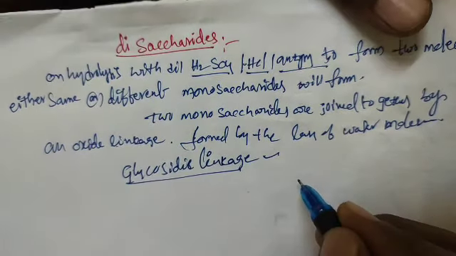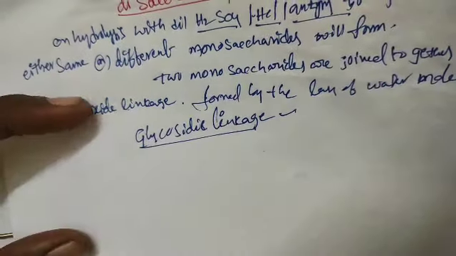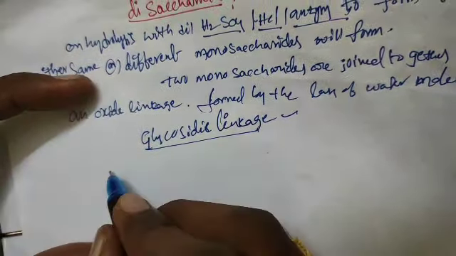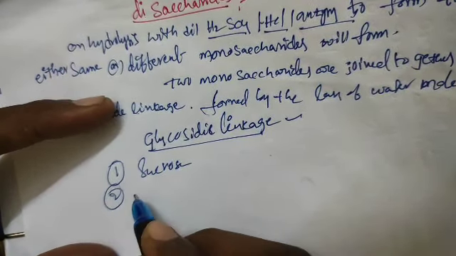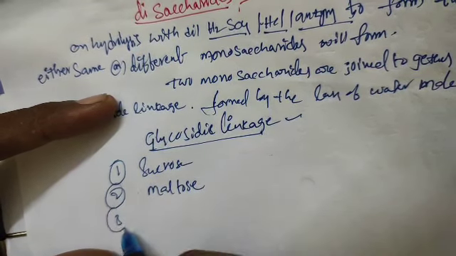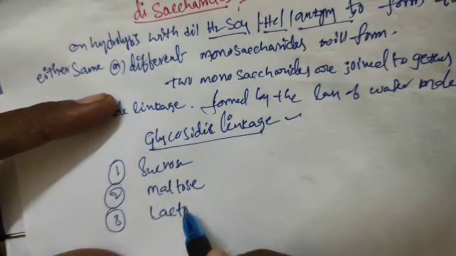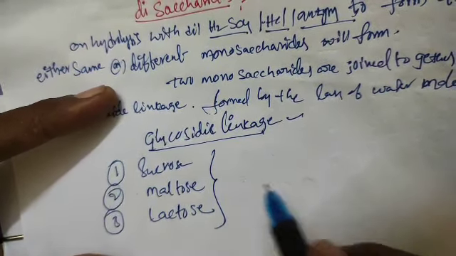Examples of disaccharides: the first one is sucrose, the second one is maltose, the third one is lactose. So we will discuss these three.